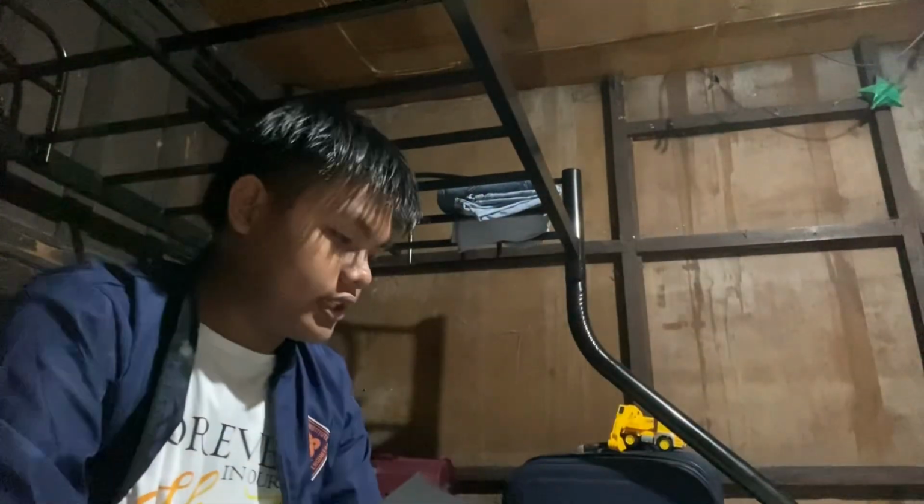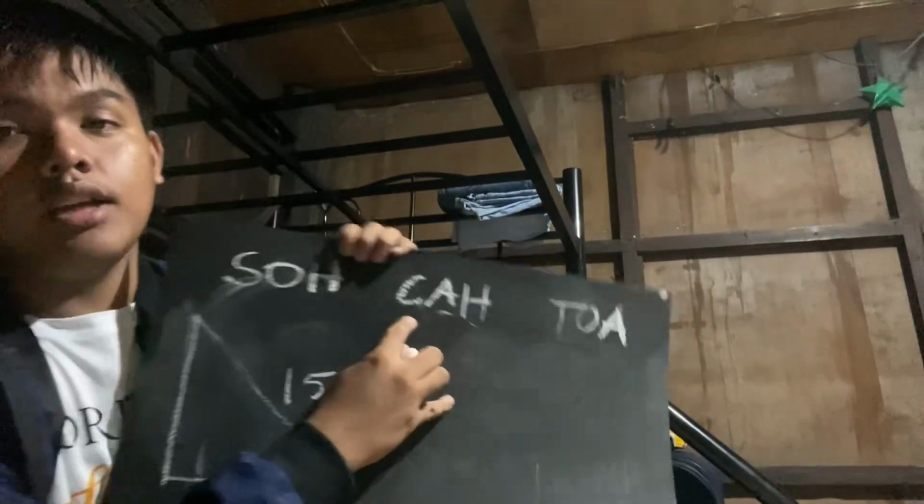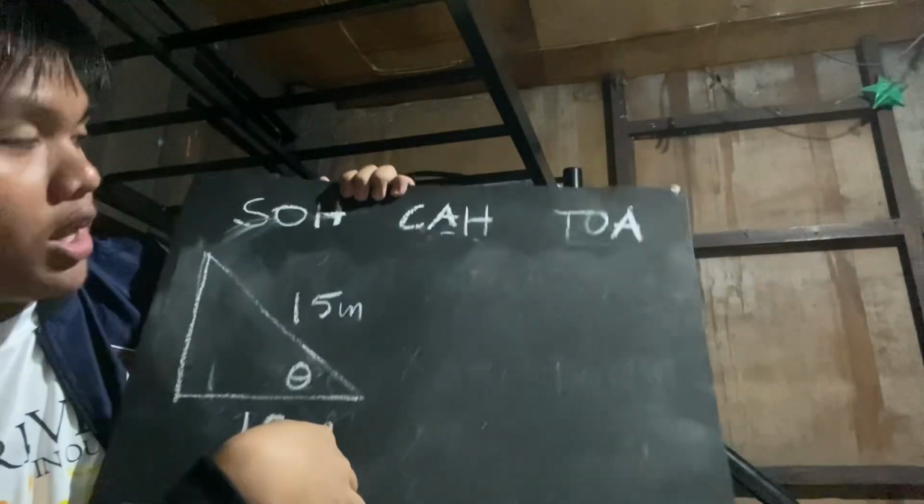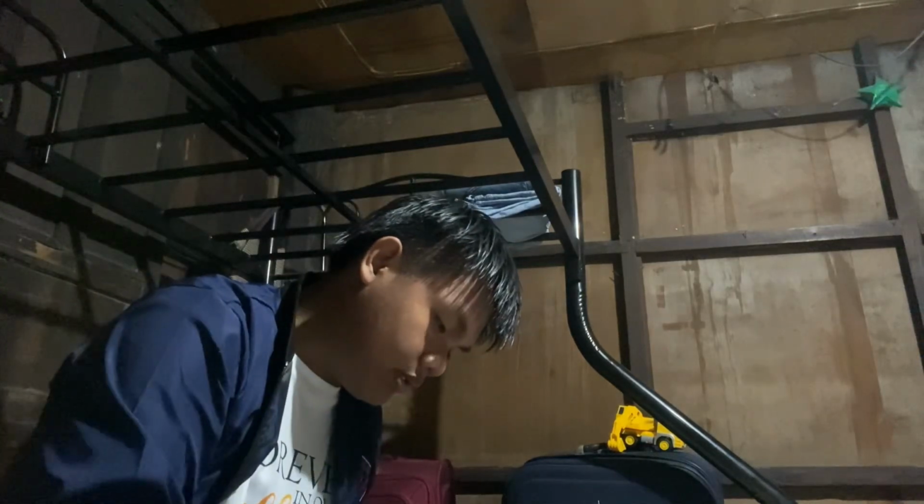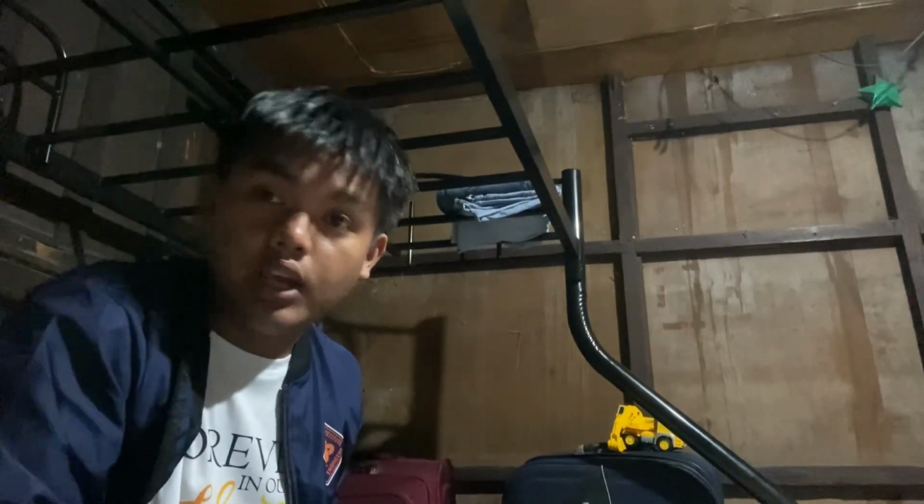We can write this as cosine equals adjacent, which is 12, over hypotenuse. So, cosine theta, since we don't have an angle, we can just use theta, is equal to 12 over 15.